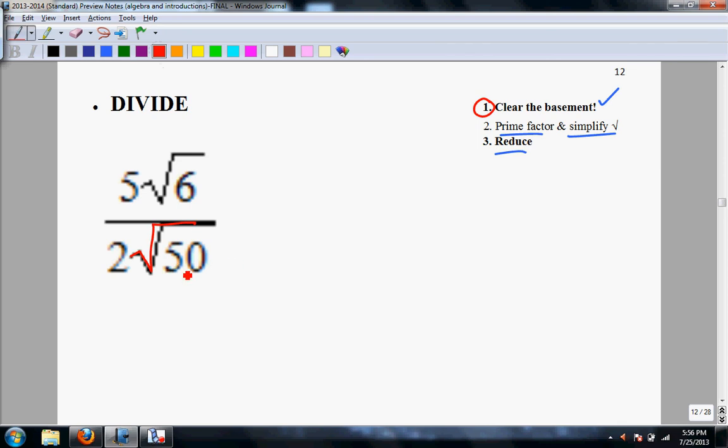So we have a root 50 here. The way you clear the basement is you're going to multiply the top and bottom by that same radical. So we're going to multiply root 50 times root 50. Now what does that become? Be very careful.